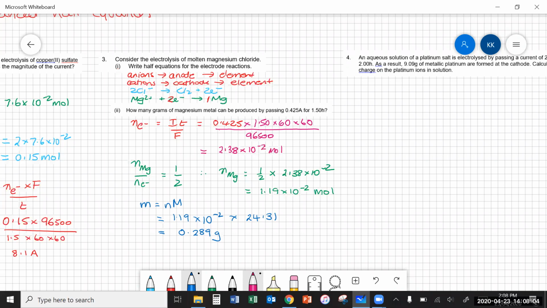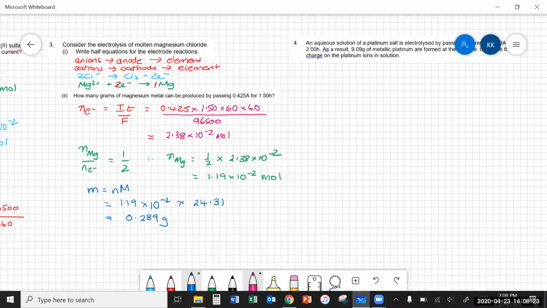So you can see industrially, to produce magnesium from magnesium chloride, you're going to have to use a much larger current than that to get a significant amount produced. All right, how'd you go? Did you get that one?